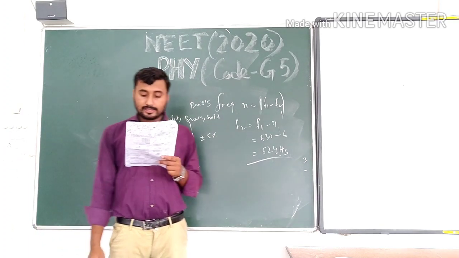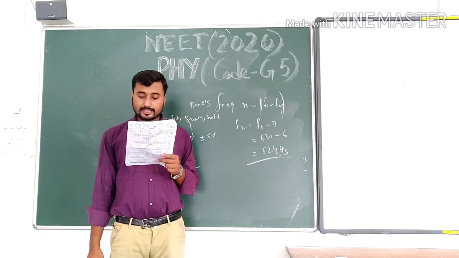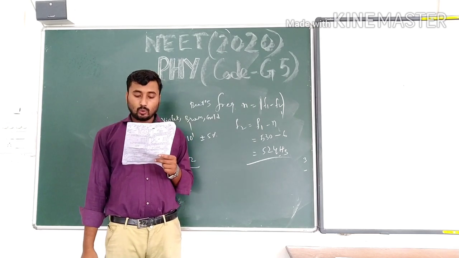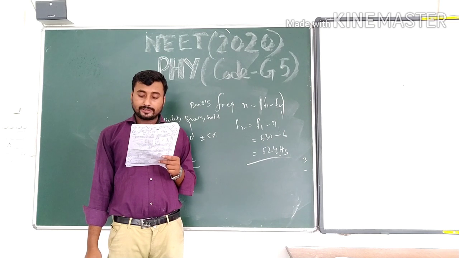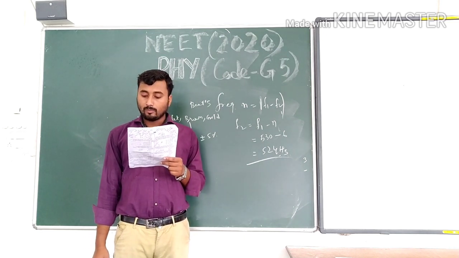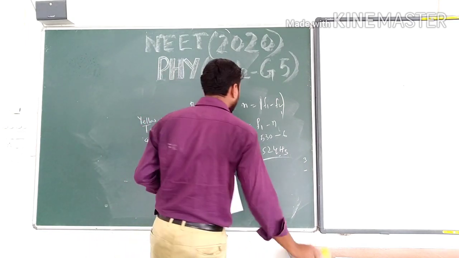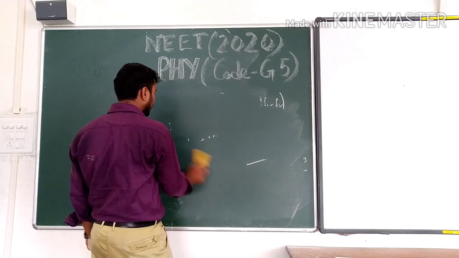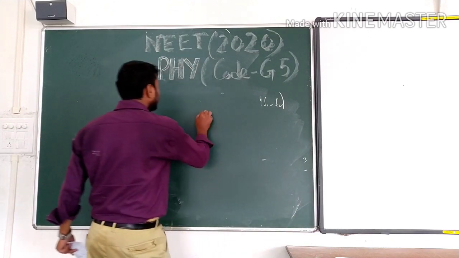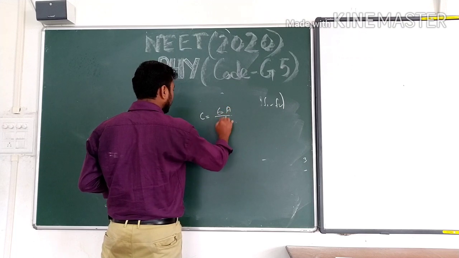Next, the capacitance of a parallel plate capacitor with air as medium is 6 microfarad. With the introduction of a dielectric medium, the capacitance becomes 30 microfarad. The permittivity of the medium is. So what is the expression for the capacitance of a parallel plate capacitor? C will be epsilon naught A by d.